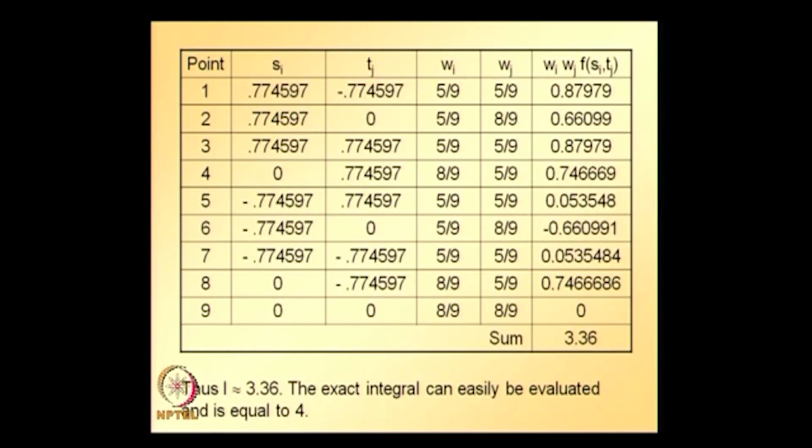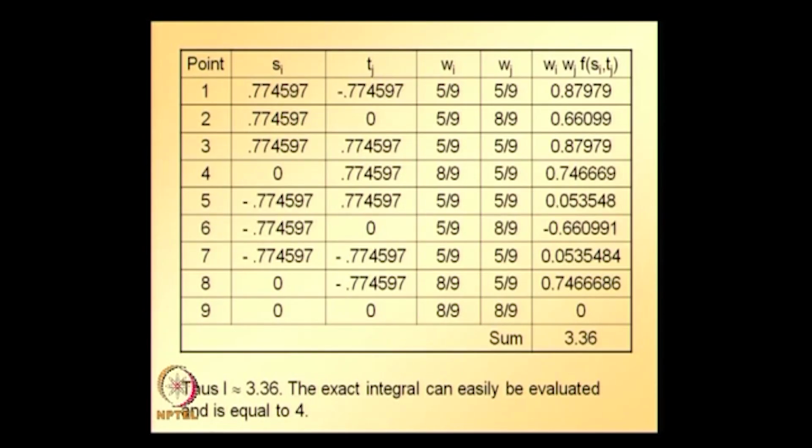Similarly, integral of t power 6 dt is t power 7 divided by 7. So we can easily evaluate this integral exactly and substitute the limits of integration, and if you do that, the exact integral can be easily verified to be equal to 4.